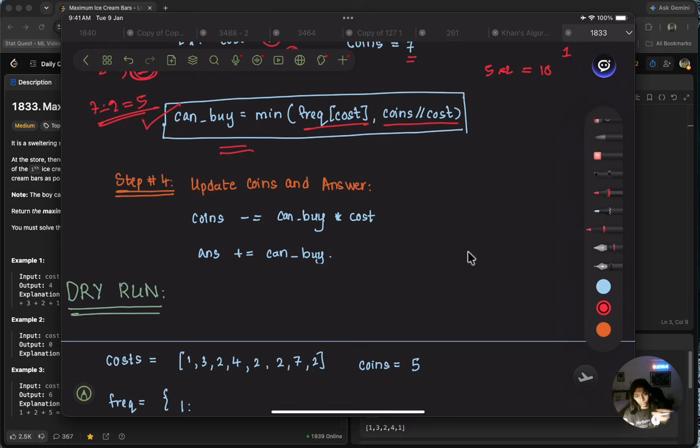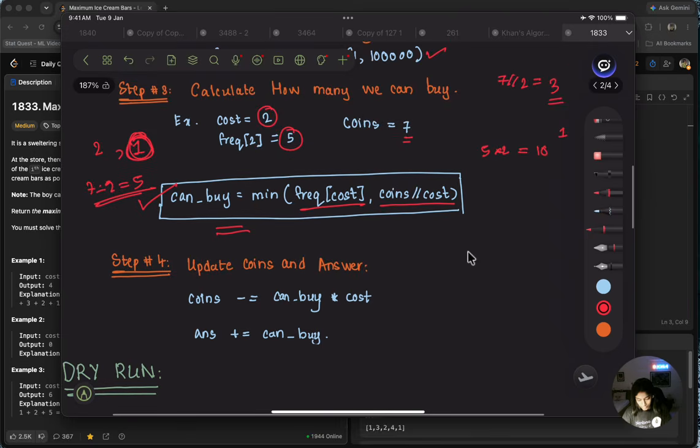All right, and after we do that, we want to do this. We're iterating through all possible costs, from 1 to 1 lakh. So we want to update coins. After I purchased that, I had 7 rupees, and I actually purchased 3, right? How many was I able to buy? That's stored in answer right here. I was able to buy 3 here, so I'm going to go ahead and add 3.